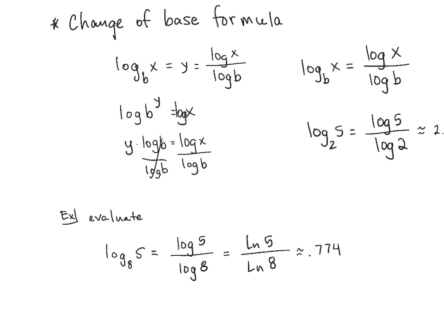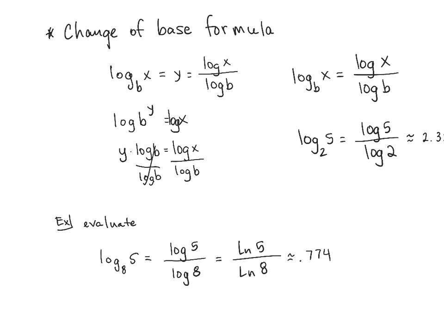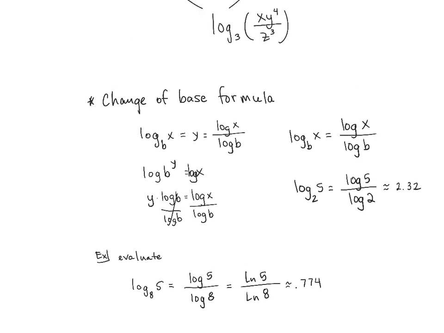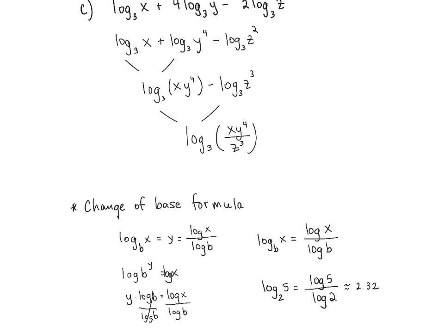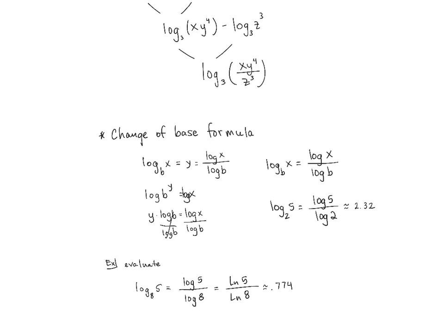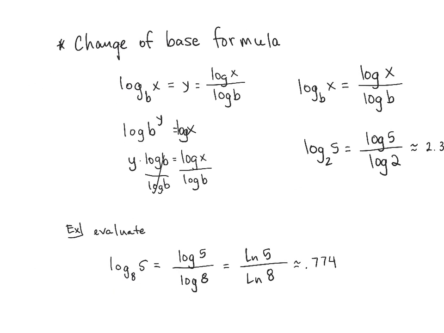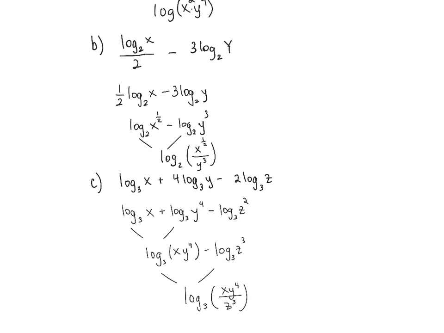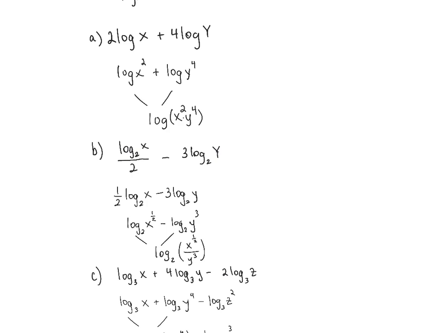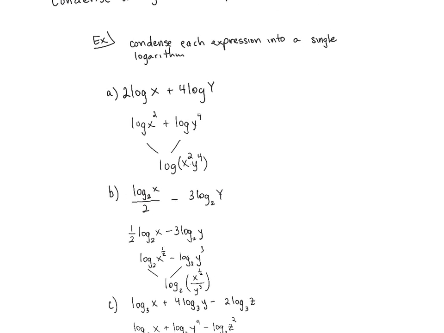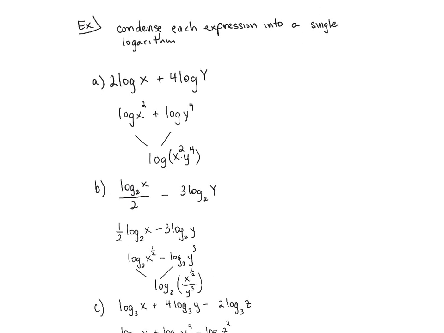And that is the final learning target for this lesson, lesson 4.4. So we have just finished up with the change of base formula. This is helpful to evaluate logarithms that cannot be evaluated by hand. Here we are condensing logarithmic expressions, which is helpful in solving equations.